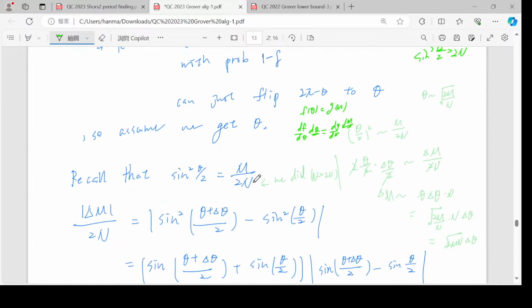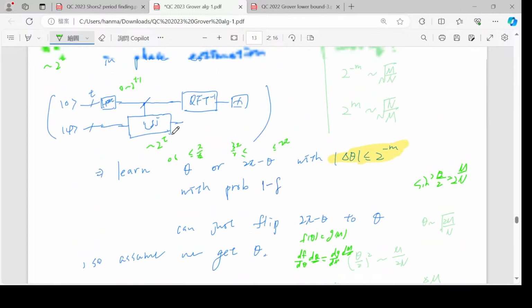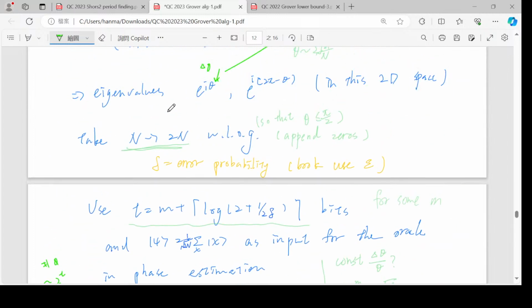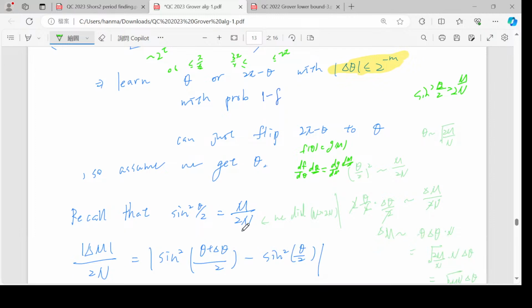Okay, and now let's do the calculation. How is theta related to m? Now we have theta with some delta theta less than 2 to the minus n, and we want to find delta m. So we have this equation relating theta and m: sin squared of theta over 2 equals m divided by, it was n, but we made it 2n, so it is m divided by 2n.